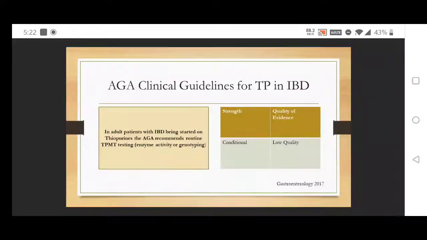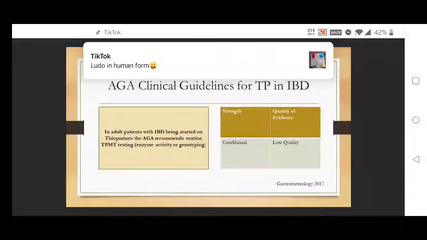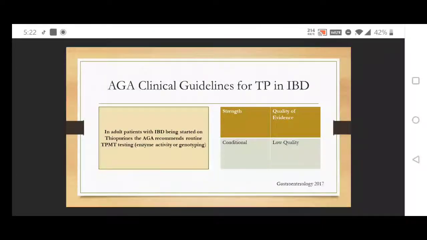So what are the AGA clinical guidelines for thiopurine monitoring in IBD? This is from Gastroenterology 2017, where they mentioned that in adult patients with IBD being started on thiopurines, the AGA recommends routine TPMT testing, and they left it that the choice is yours. You can use enzyme activity or genotyping.